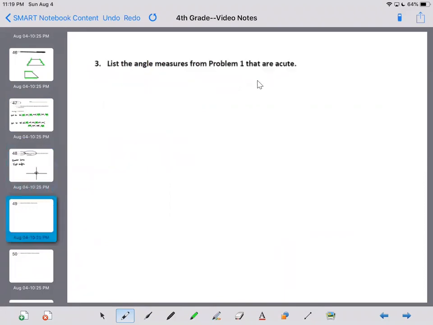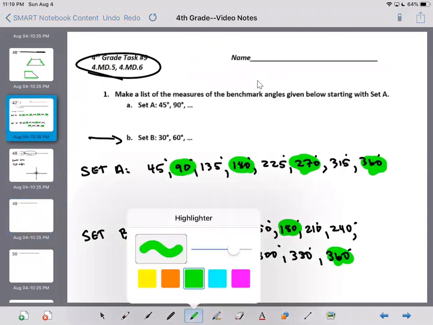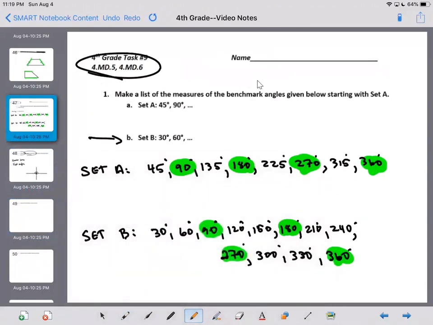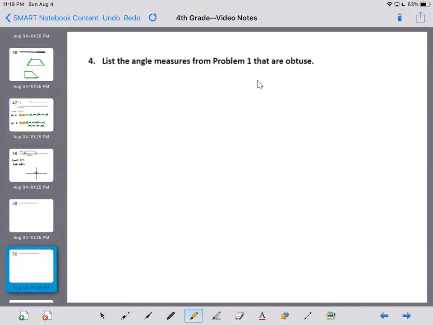Question 3 says, list the angle measures from this problem that are acute. So the only ones that are acute would be the 45, the 30, the 60. So those are the only ones that are less than 90 degrees. And then number 4 says, list the angle measures that are obtuse.